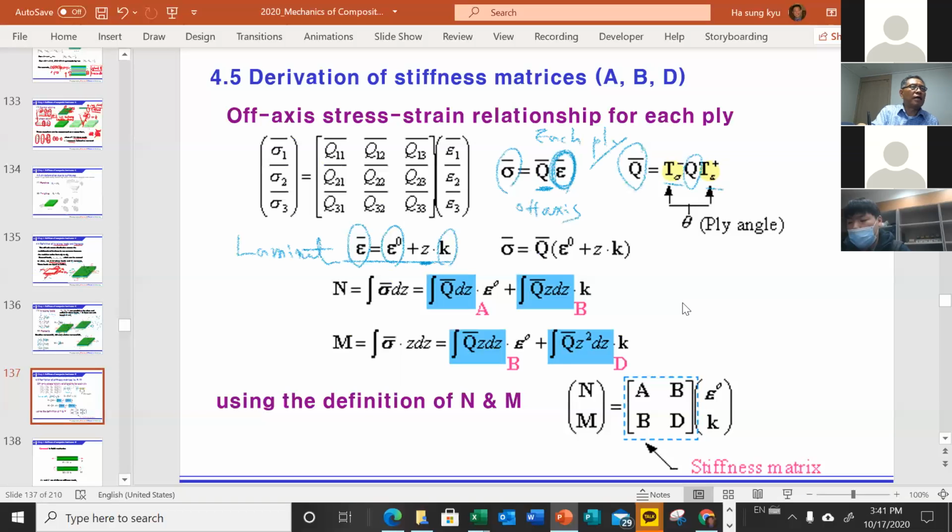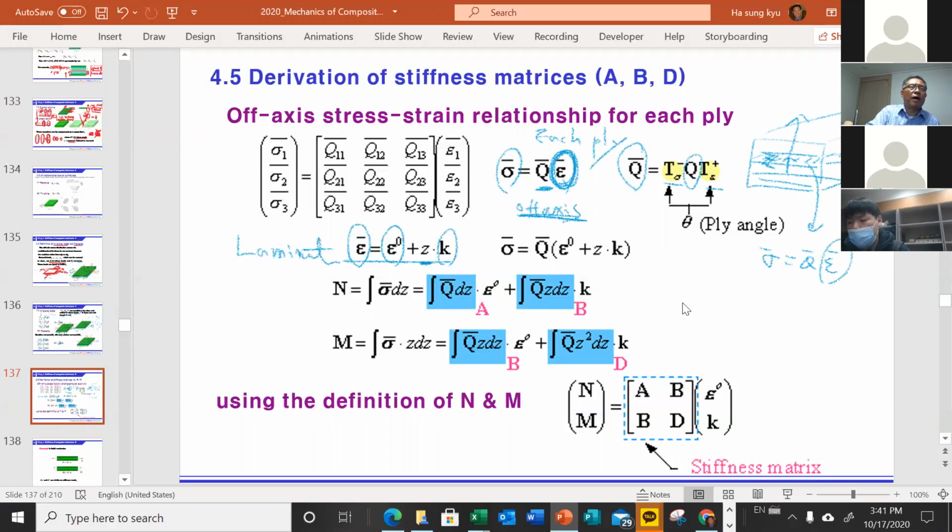And now here, this guy, what is this? This is the off-axis strain. And off-axis strain, I would like to remind you again, is for a certain ply. This certain ply has the sigma bar and Q bar and epsilon bar. Now, this one has a coordinate system with the z-axis, I mean the height as z.